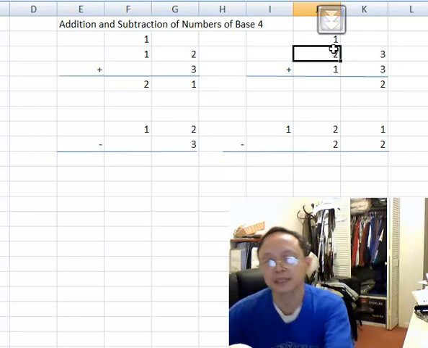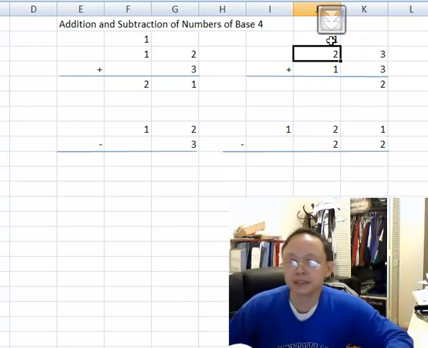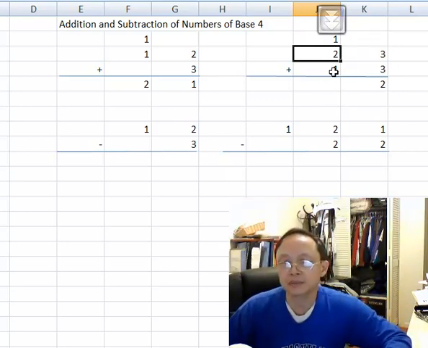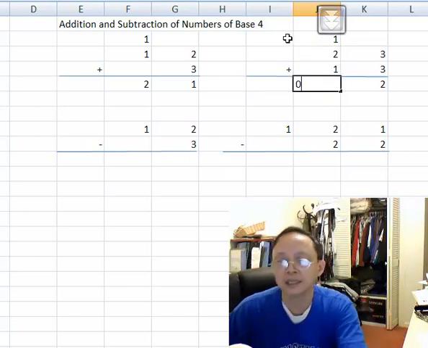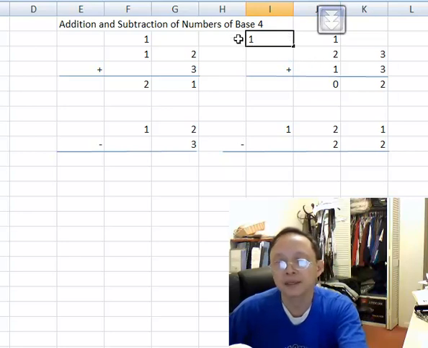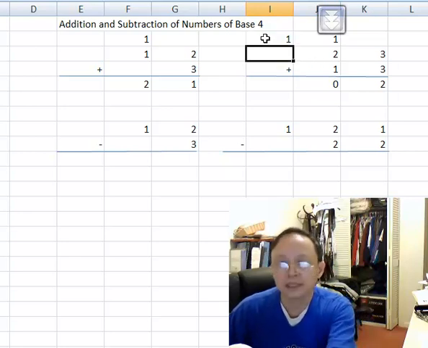So on the top, that's carried. So now on second digits, we have 1, 2, 1. So 1 plus 2 plus 1, we get 4. But 4 divided by 4, we get quotient 1, remainder 0. So we don't write 4 here. We write 0 and carry 1. So now 1 and carry 1.